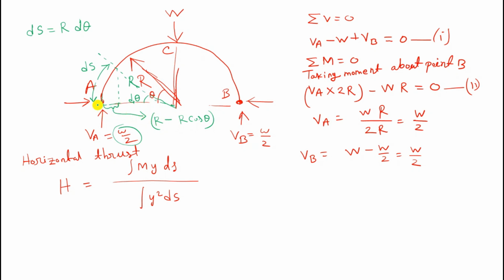The total distance from this point to this point is r, and from this point to this point is r cos theta. So this distance is r minus r cos theta. So moment will be force into distance. Force is w by 2 and distance is r minus r cos theta. So we can write integration w by 2 into r minus r cos theta.